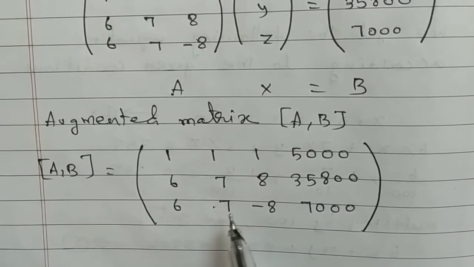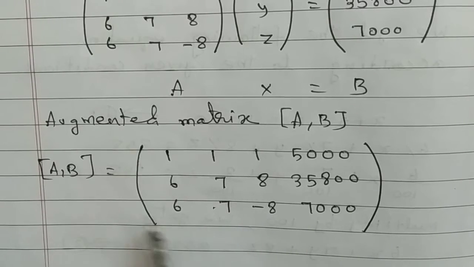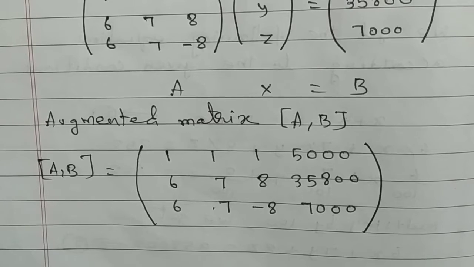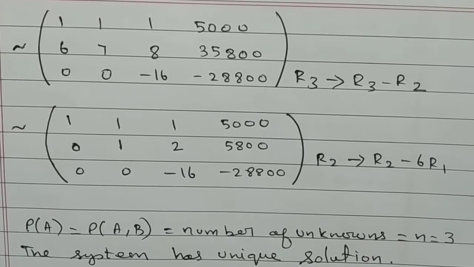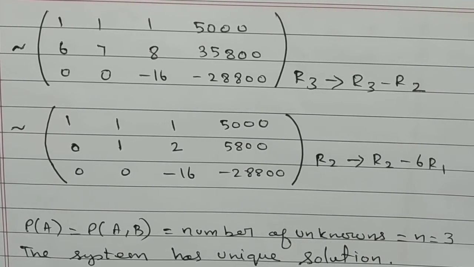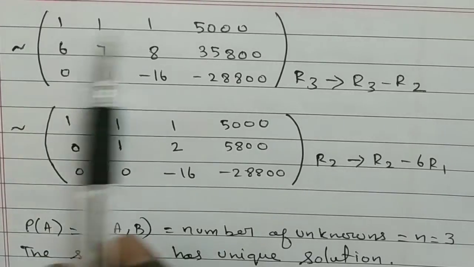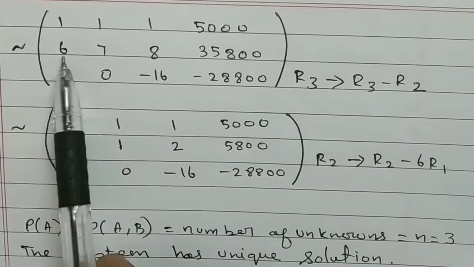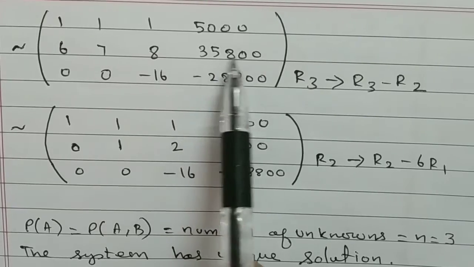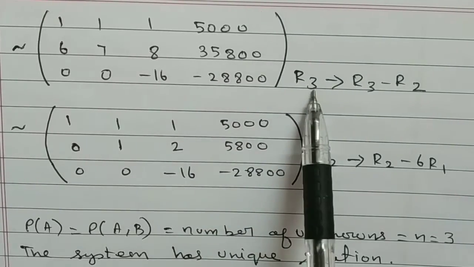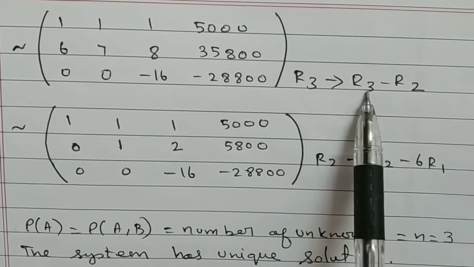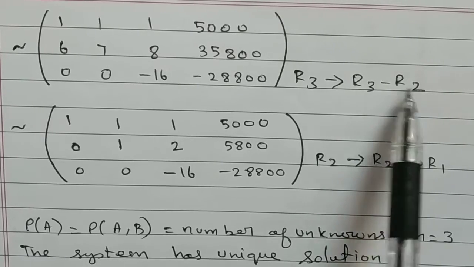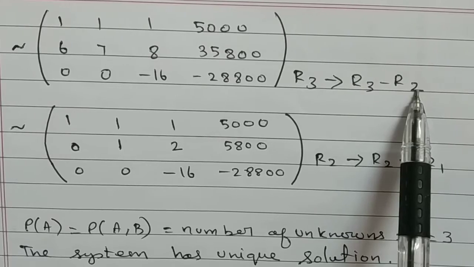Convert the given matrix to find the rank of A comma B and the rank of A. The values are: first row 1, 1, 1, 5000; second row 6, 7, 8, 35,800. Here R3 becomes R3 minus R2. What is R3?